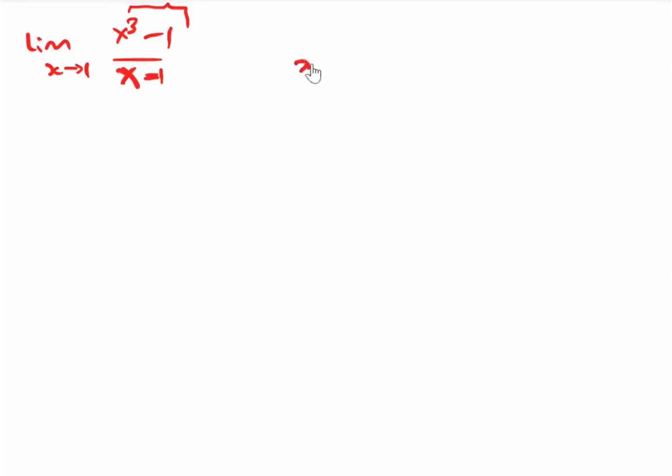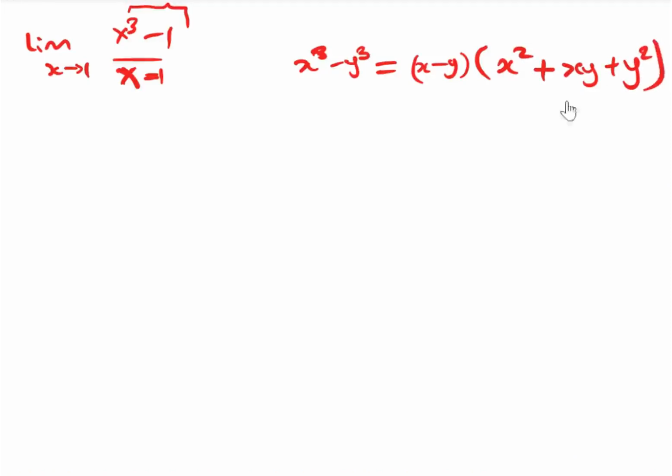Assuming you have x cubed minus y cubed, this is equal to x minus y into x squared plus xy plus y squared.